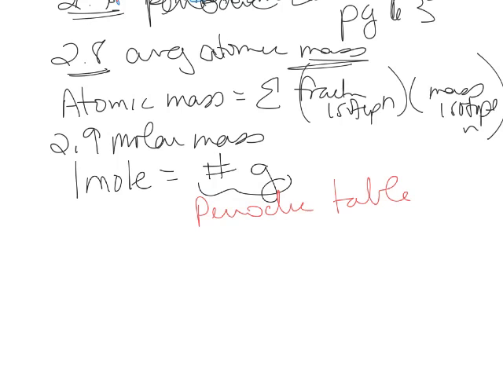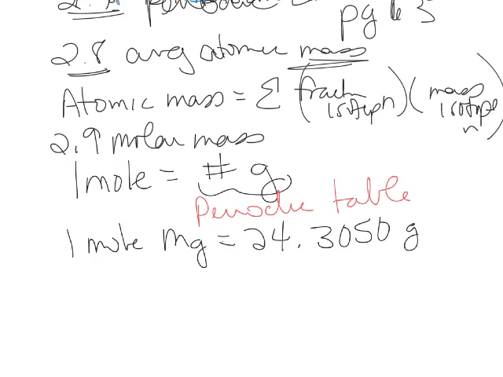So if you're talking about magnesium, 1 mole of magnesium equals, we'll look in group 2, 24.3050 grams per mole. And that would be the atomic mass of 1 mole of magnesium.